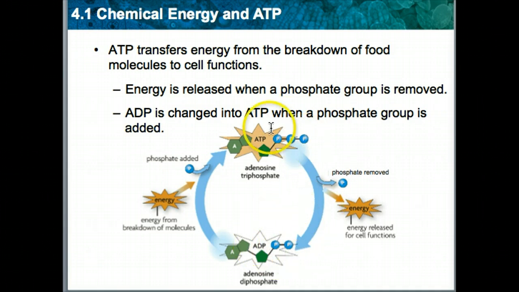You can go from ATP to ADP when we remove the phosphate and energy is released, and then you can go from ADP to ATP, which is when a phosphate is added and energy from the breakdown of molecules is added, and we get again that ATP, that triphosphate.